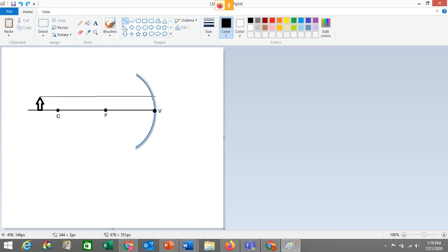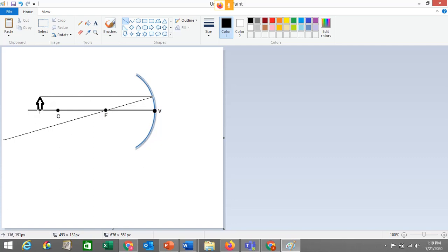So I want it to be straight, just like the principal axis before it hits the mirror. It's going to hit the mirror there. So a ray that does that is going to go through the focus. So it's going to go down there. Just going to extend this right there. So that's from the top of the object.